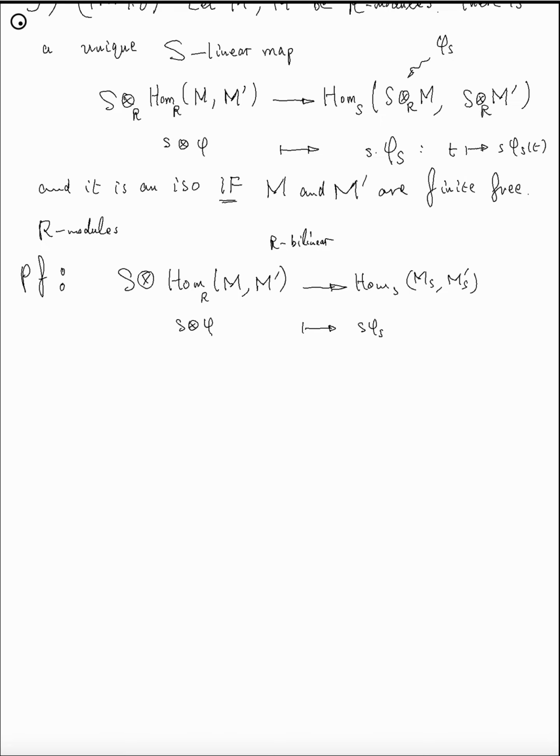Let's call it L. So L is R linear by the universal property of tensor product over R, but actually also S linear. I leave you to check it.